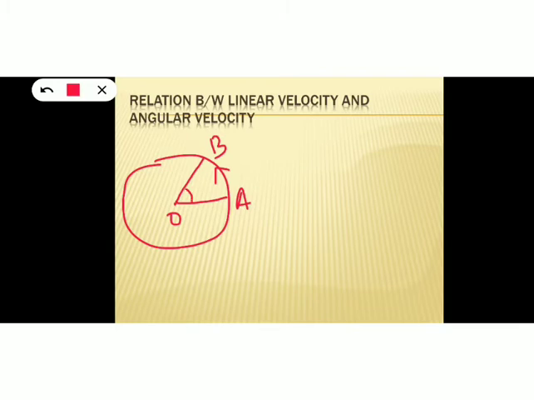Now, can you see this angle? This angle is the angle swept by the object within a time interval t. That means the object has covered this much angular distance within that time interval. This angle is denoted by delta theta, and this delta theta itself will be our angular displacement. Just like linear displacement, this is angular displacement, and this will be our linear displacement.